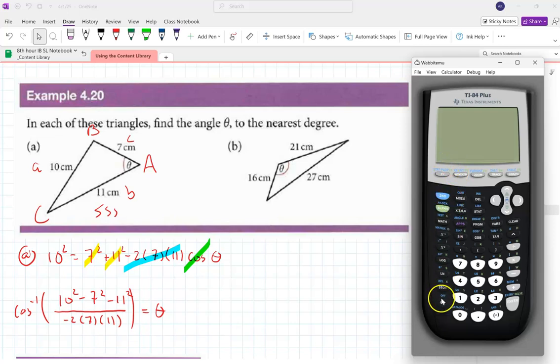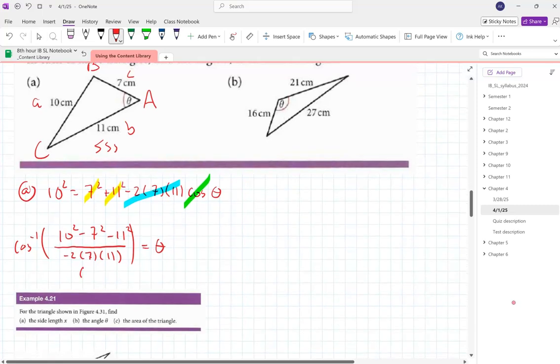So when you're typing that into your calculator, I highly recommend using the fraction command because it takes a lot of parentheses to get that in there the right way. It's always a shame to do the algebra right on your sheet of paper and then get the wrong answer because you can't type in your calculator effectively. So I get 63.0 for that.